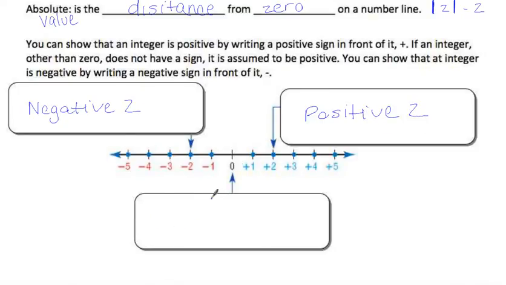Now 0 is special because it is the middle of the number line. Because 0 sits at the middle of the number line, it is neither positive nor negative. So we're going to write that: neither positive nor negative.